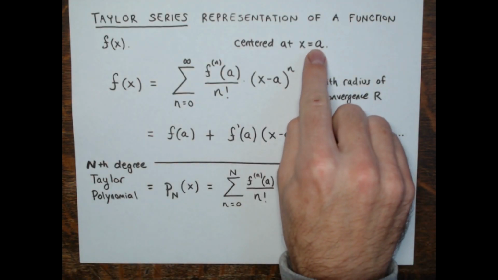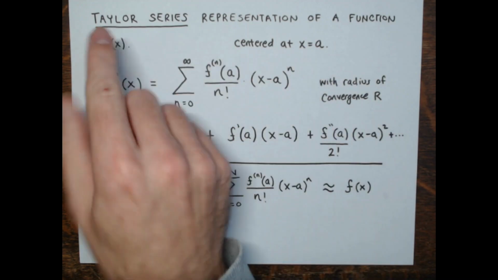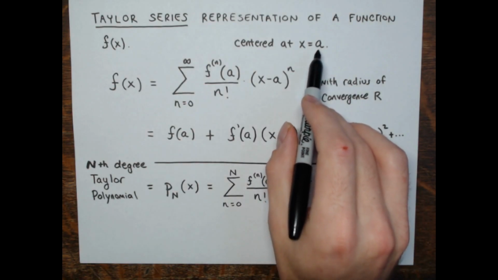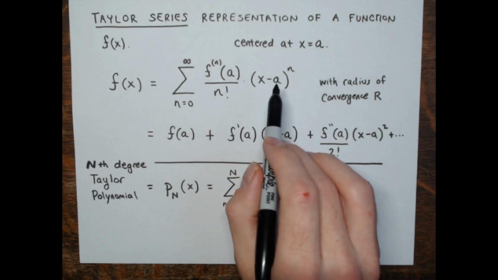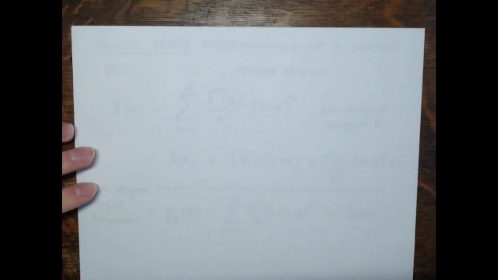Now, as soon as I call the center 0, if you let a be 0, center the series at 0, then the Taylor series is called a Maclaurin series. So a Maclaurin series is simply a Taylor series centered at 0. So I'm replacing these a's with 0. So let me write that up for you, and then we'll get to our problem.